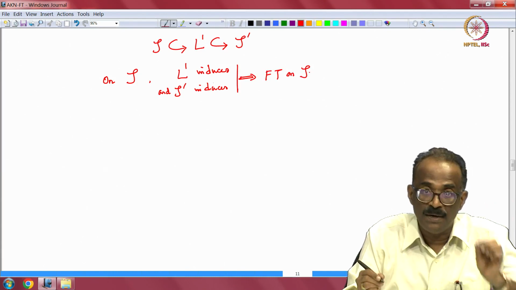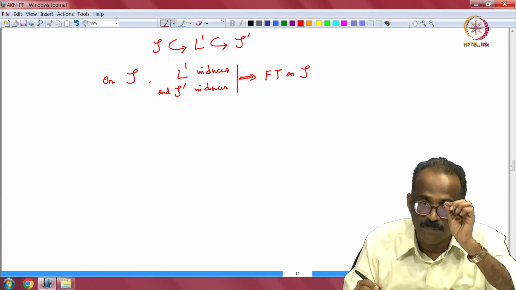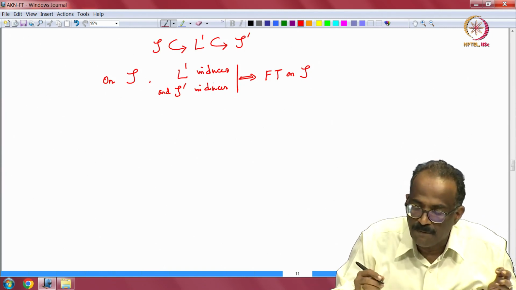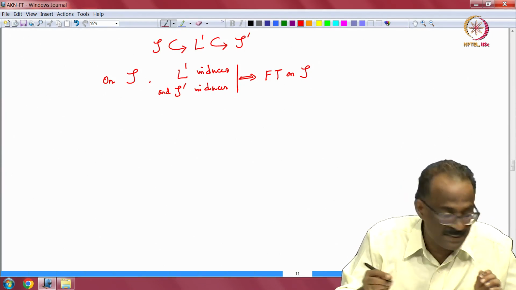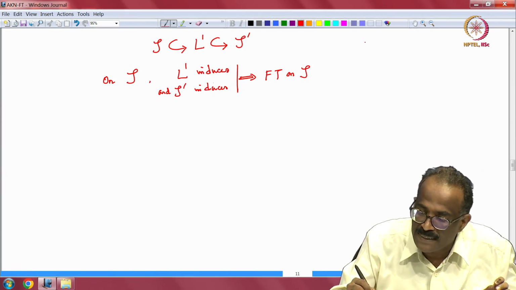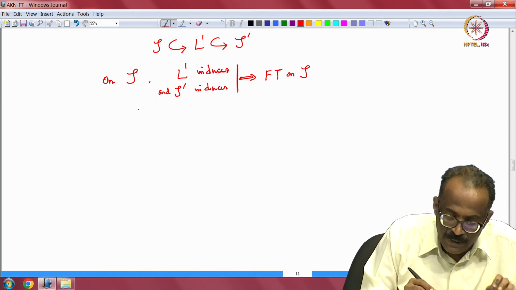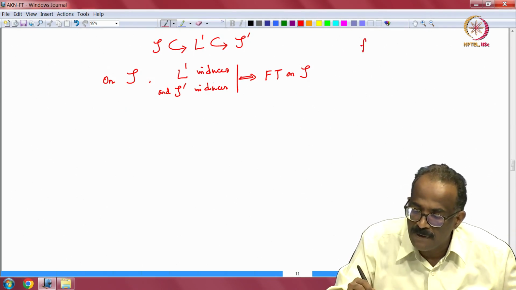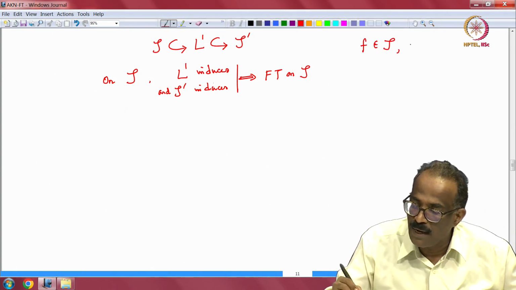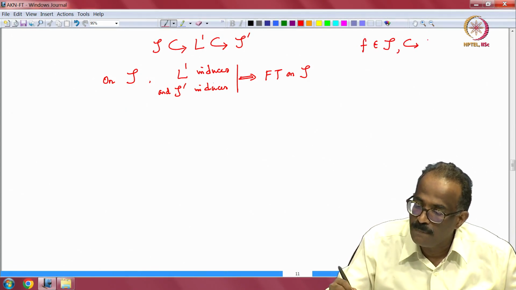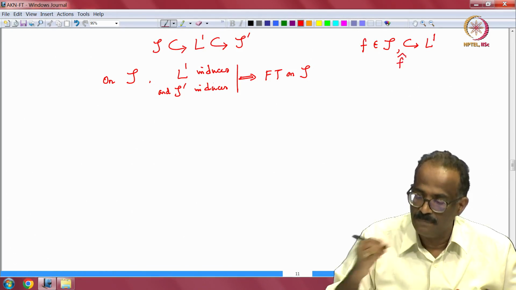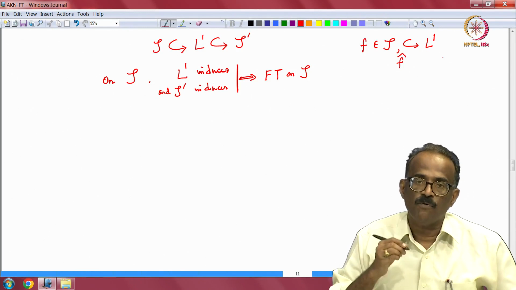You see, one Fourier transform on zeta comes from the L1 definition, the other one from distributions. Basically, if you have f in zeta, then f is in L1, and that gives you some f hat, the Fourier transform.